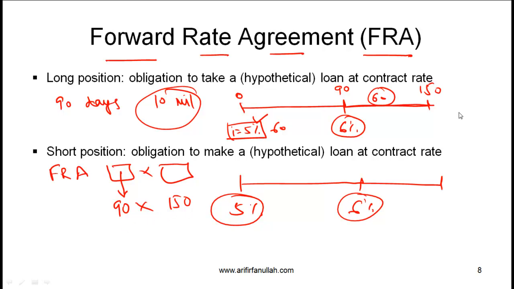So the same thing could also be written as 3 by 5, which means the loan will begin 3 months from today, and the loan is ending 5 months from day 0. So this could also be written as a 3 by 5 FRA. Make sure you pause here for a minute and understand this terminology, because you need to know this.